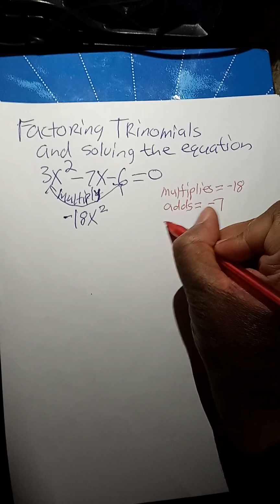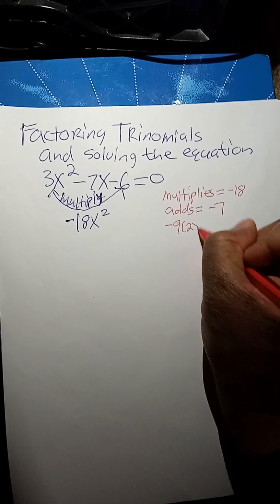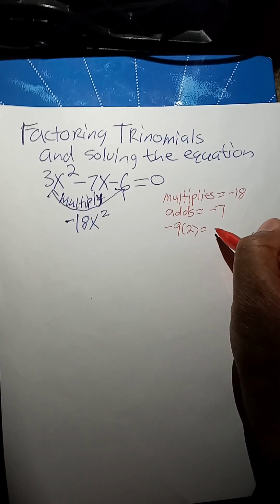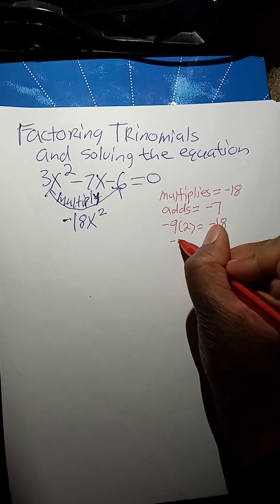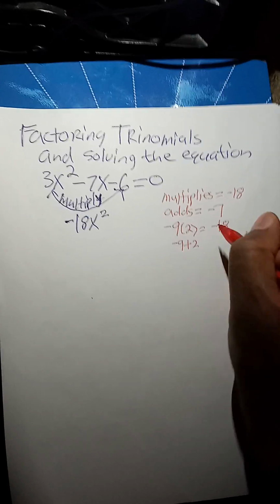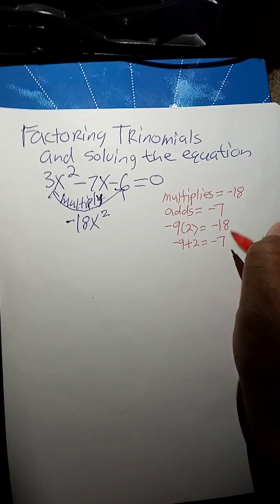Well, negative 9 times 2 is negative 18, and negative 9 plus 2 is equal to negative 7.